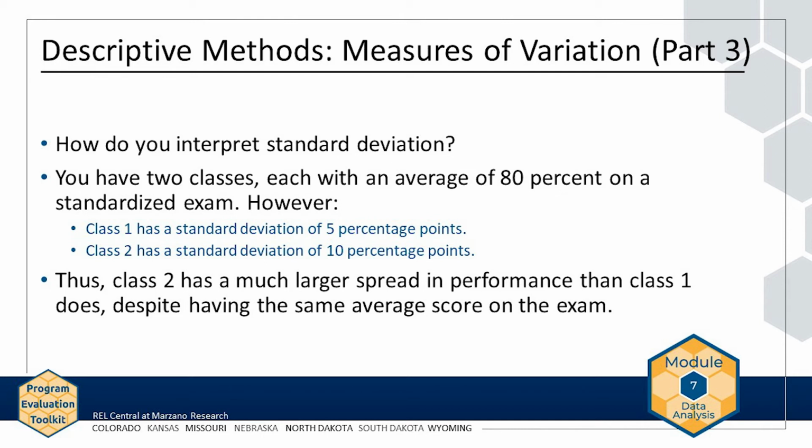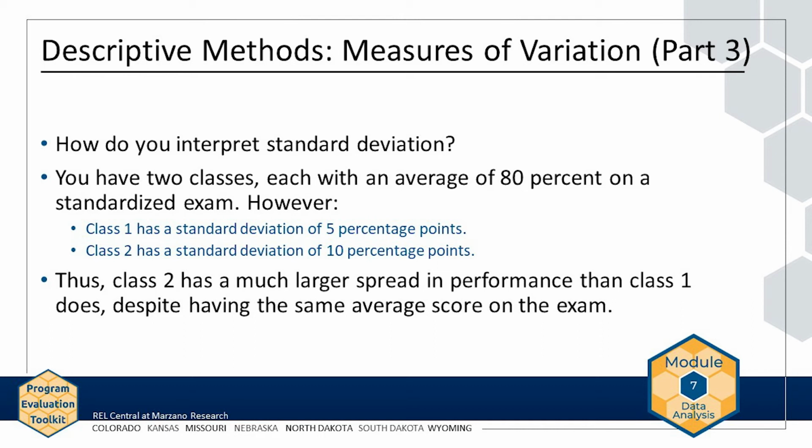However, Class 1 has a standard deviation of 5 percentage points, whereas Class 2 has a standard deviation of 10 percentage points. In this case, you can conclude that the students in Class 2 are about twice as spread out from the mean as are students in Class 1. This conclusion is true, despite the two classes having the same average score on the exam.